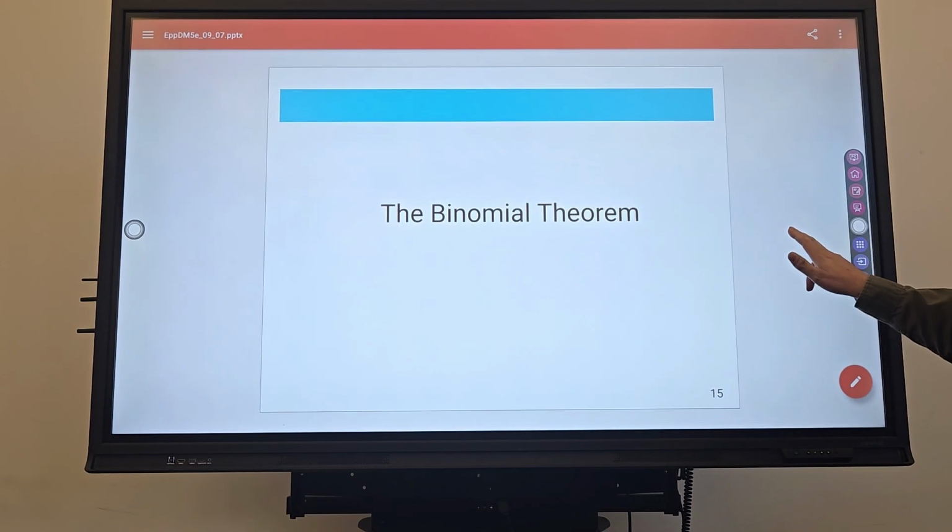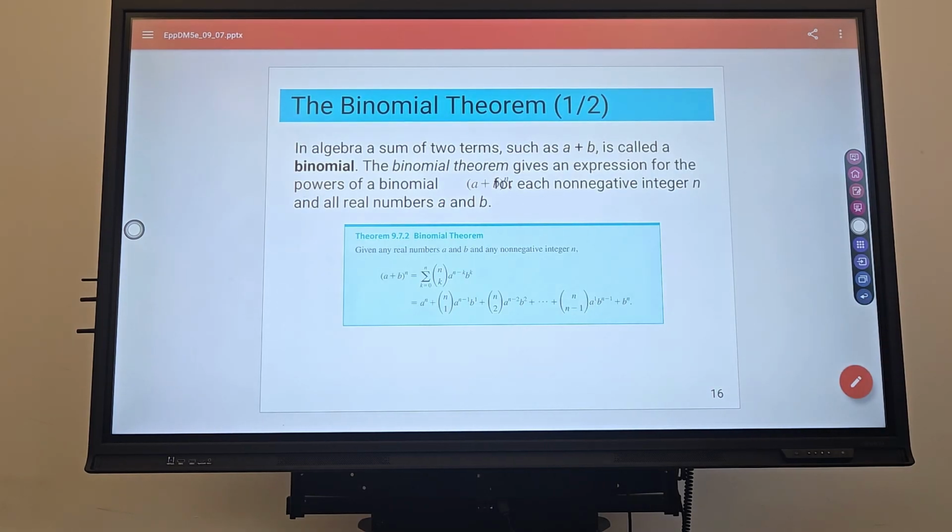Now the binomial theorem. In algebra, a sum of two terms, such as a and b, is called a binomial. The binomial theorem gives an expression for the powers of binomials, for a plus b raised to the n, for each non-negative integer n and all real numbers a and b.